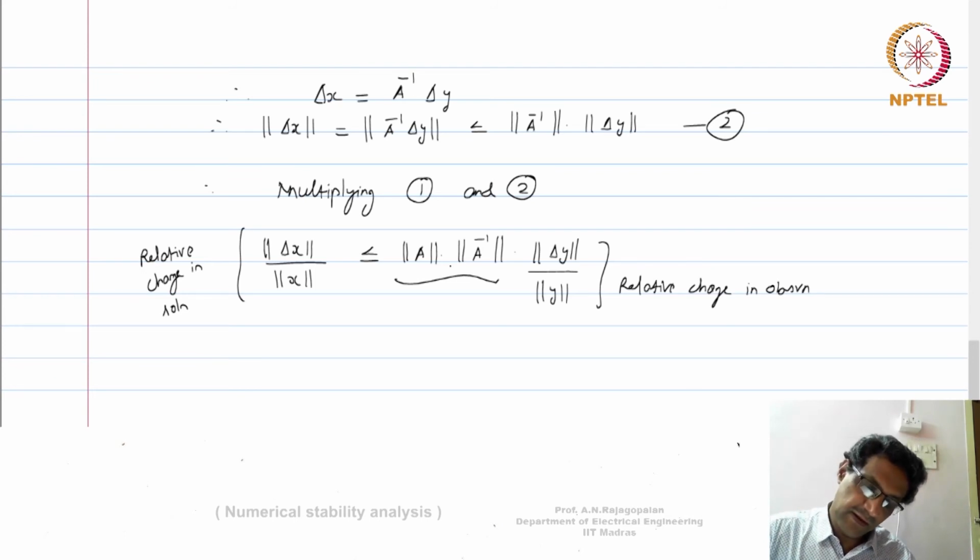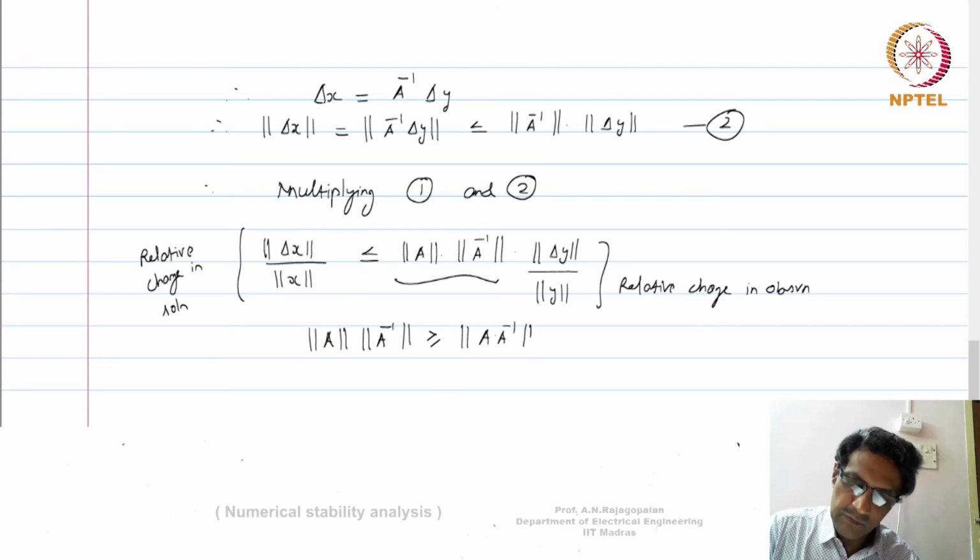Now, it is interesting that norm A into norm A inverse, we know, is greater than or equal to norm of A into A inverse, which is equal to norm of I, and the spectral norm of I.